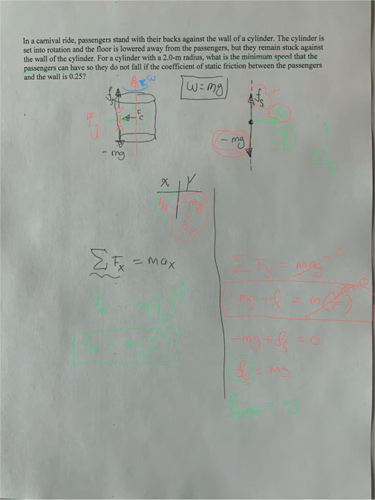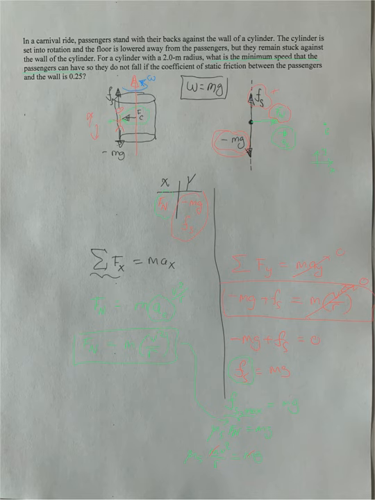Now we know what Fs max is. Fs max is mu s times the normal force, which is equal to mg. So we can actually substitute that normal force right in there. So we'll have mu s times mv squared divided by r is equal to mg. You can see here that the masses will cancel.